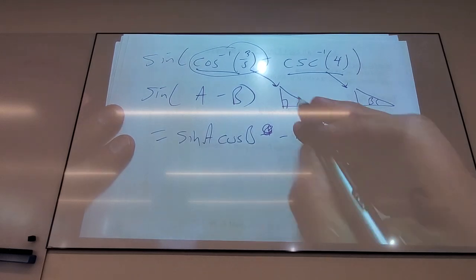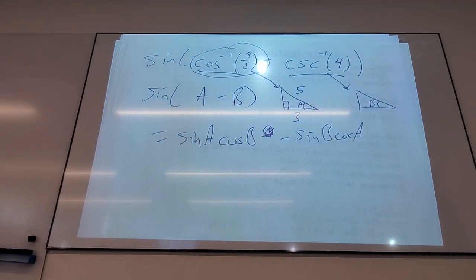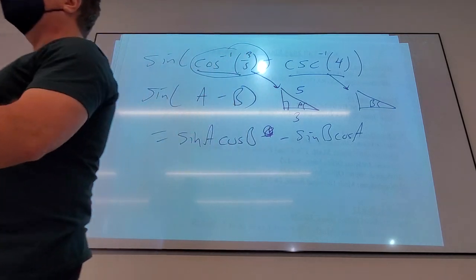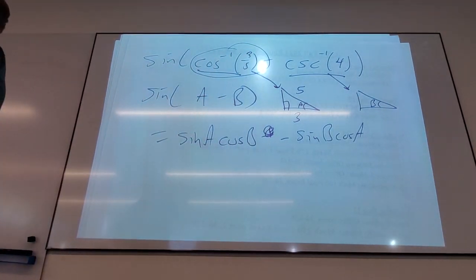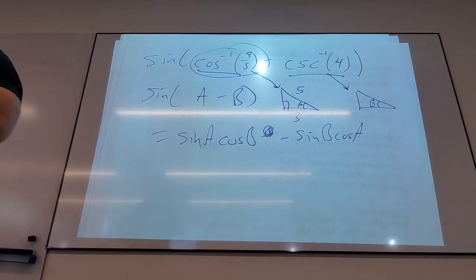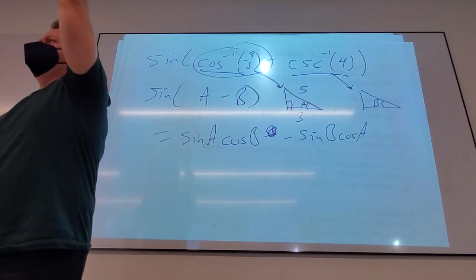Okay, the x side is 3. Hypotenuse is 5. I'm really hopeful that at this point, you guys know what the y side is without doing much work. Anybody know what the y side is? 4.